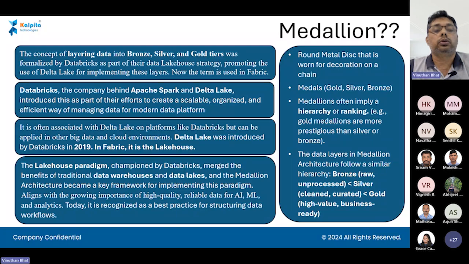So this paradigm, basically, what Databricks did was they took the benefits of the traditional data warehouse and data lakes, and then created a common data pattern or framework for implementing this paradigm. It aligns with the high data quality and reliable data that is required for AI, ML, and analytics.